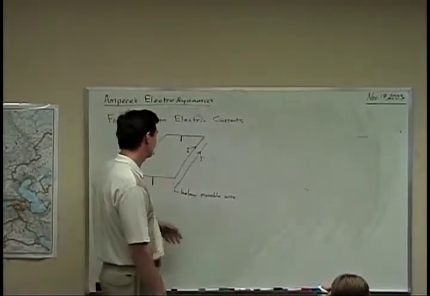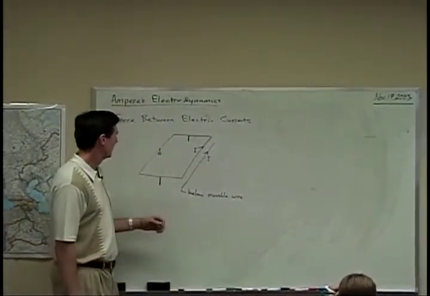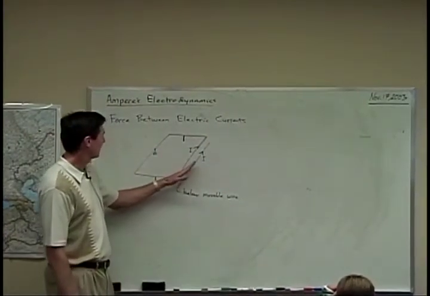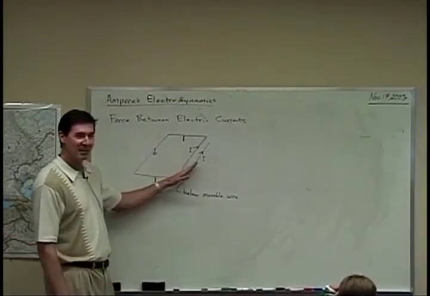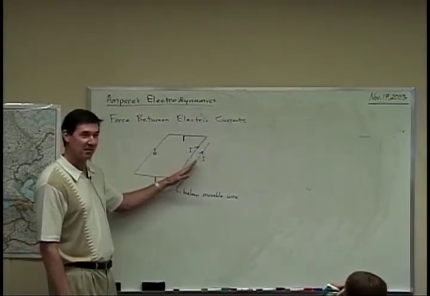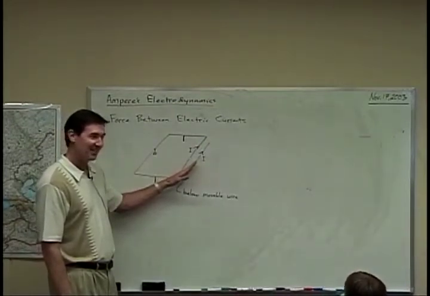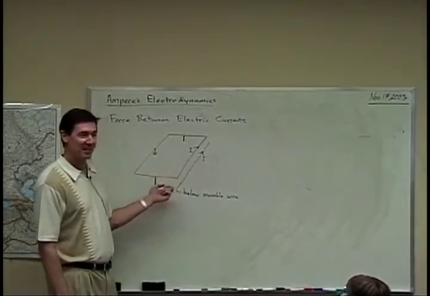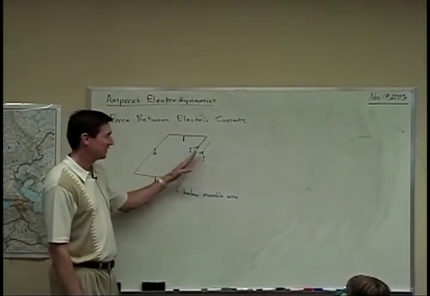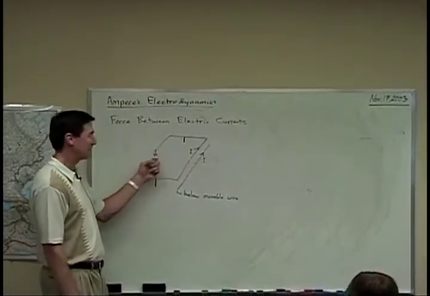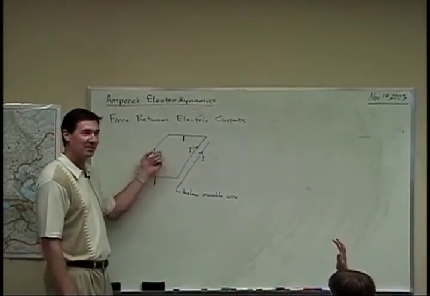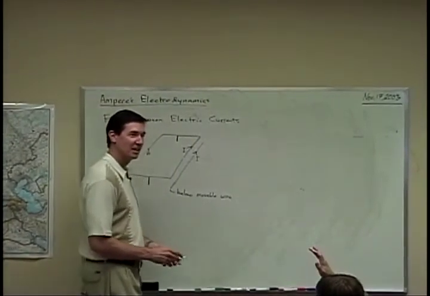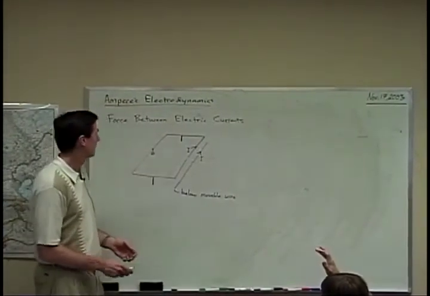Then you can see how it'd be easy to figure out the distance relationship, right? Because all you do is keep the current constant, vary this distance, and hang weights until it balances.